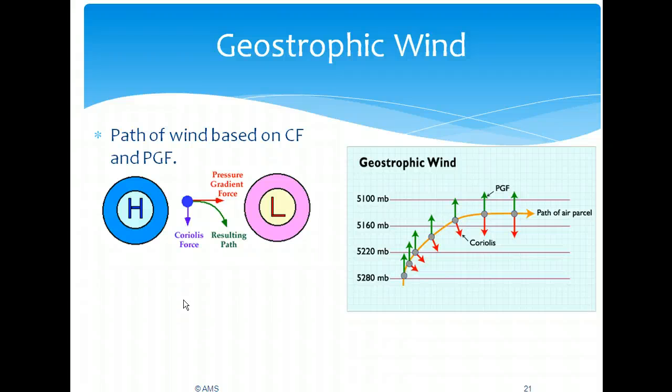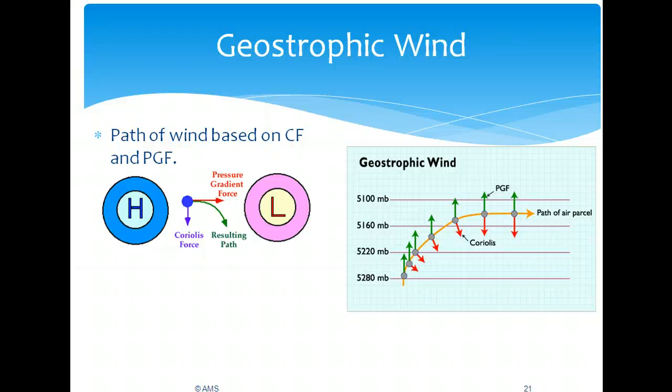An air parcel initially at rest will move from high pressure to low pressure because of something known as the PGF, pressure gradient force. However, as the air parcel begins to move, it is deflected by the Coriolis force, or the Coriolis effect, to the right in the northern hemisphere, or left in the southern, as we've discussed.